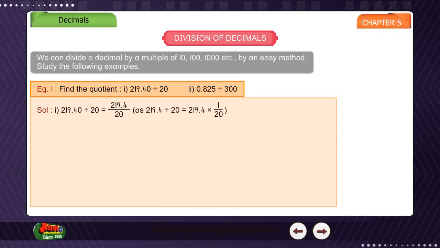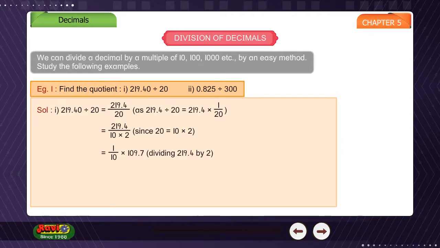Solution. 1. 219.40 divided by 20 is equal to 219.4 by 20, as 219.4 into 1 by 20 is equal to 219.4 by 10 into 2, since 20 is equal to 10 into 2, is equal to 1 by 10 into 109.7.